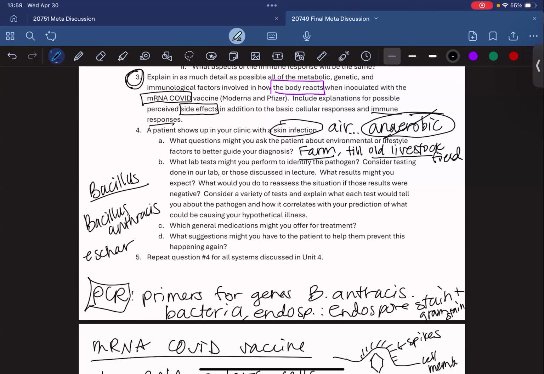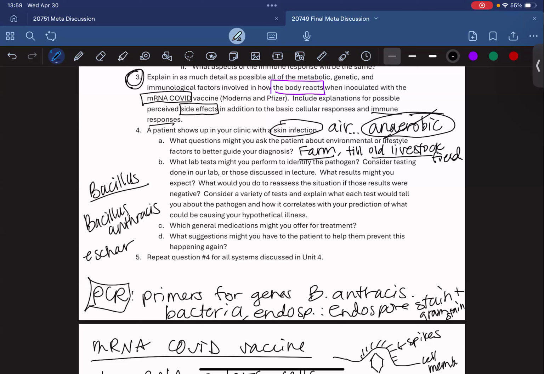Now, the problem is that in our patient's actual skin wound, we have vegetative bacteria. If those vegetative bacteria in the skin wound aren't forming endospores, our endospore stain might not be positive. So we might want to culture it and let it sit for a few days and create a stressful environment for them, and then see if it forms endospores, or we could just go ahead with a PCR test if we have the primers for that, or we could perform a gram stain as well.